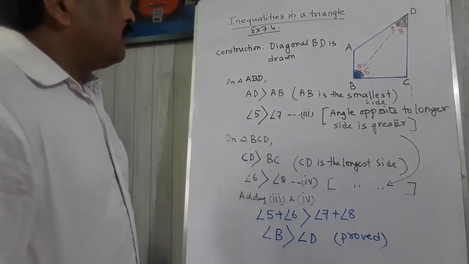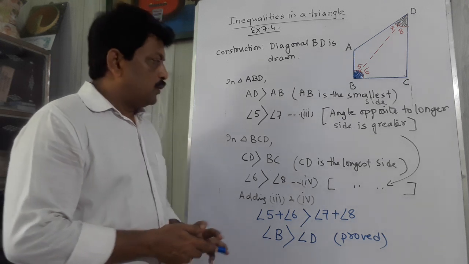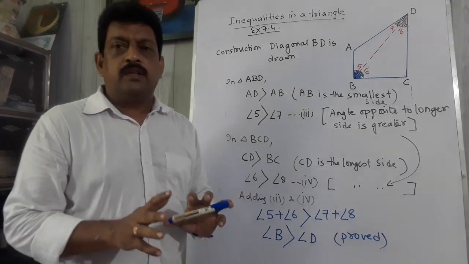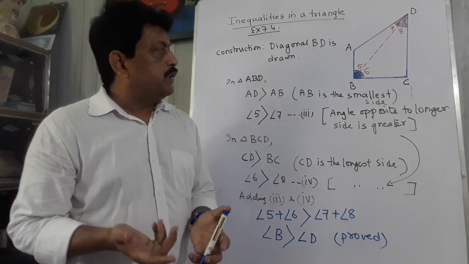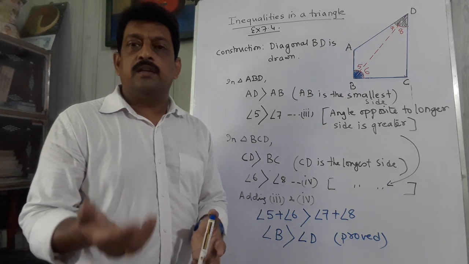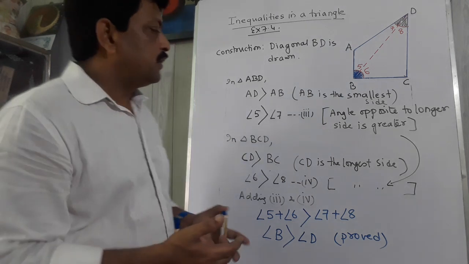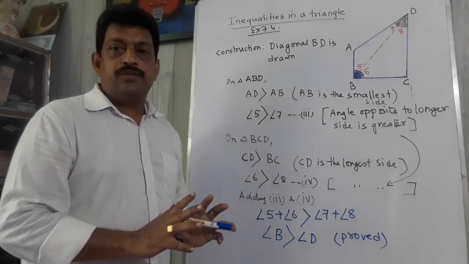Only using that theorem we can solve this problem. Okay. So hope you have understood that chapter, the topic inequalities. I am concluding this topic here only, inequalities in triangle.